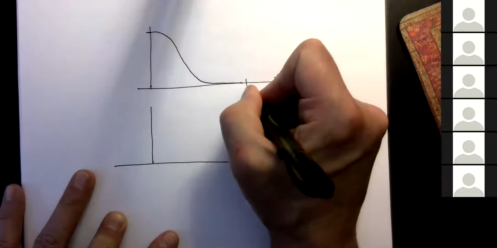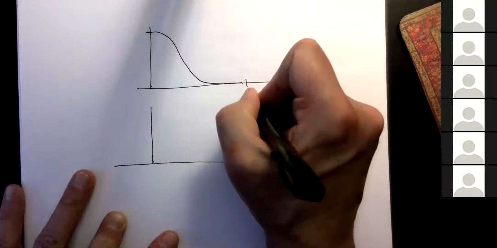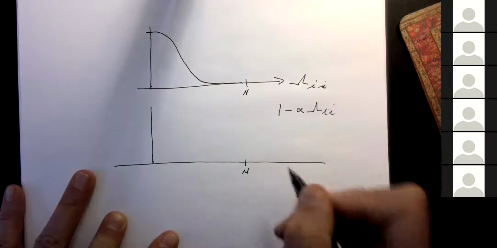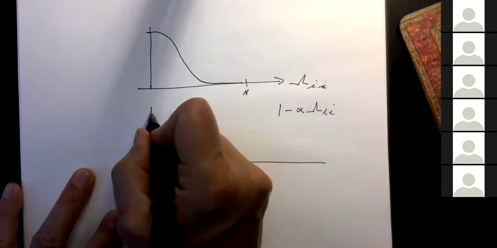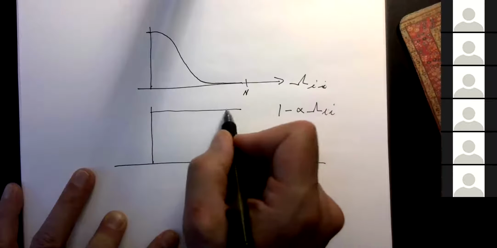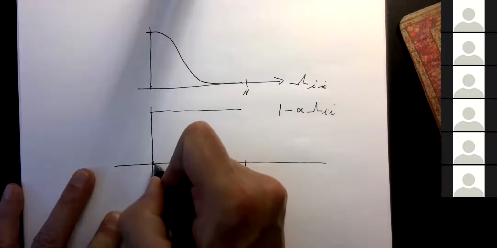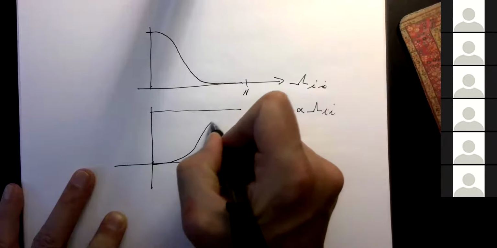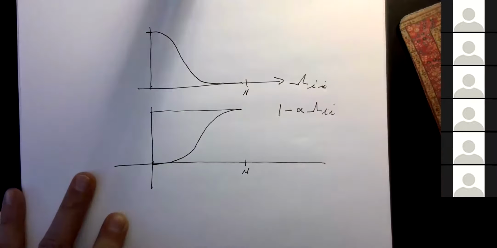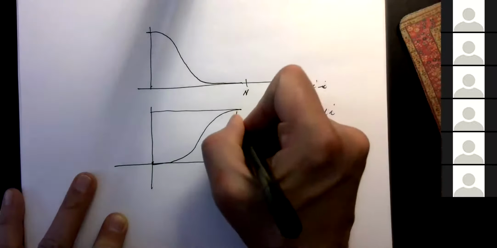This is n, where n is the dimension. So what will happen is that you would have 1, but instead you're subtracting something, so you get something like this. It looks like that. This is close to 1.